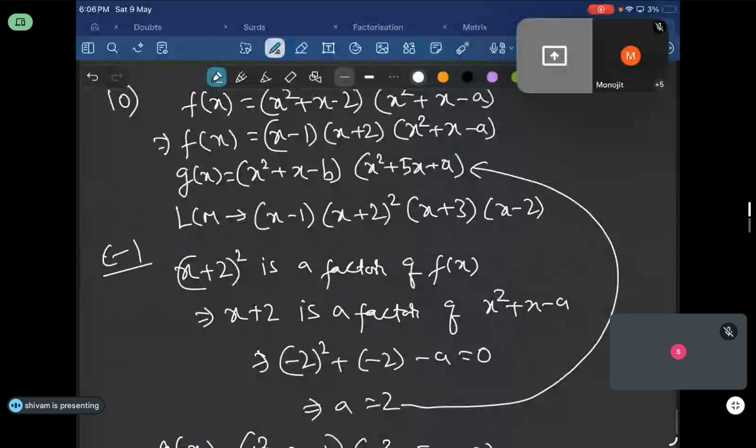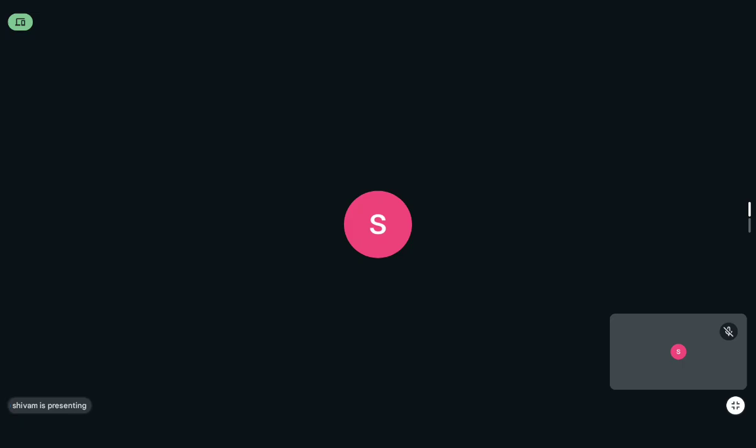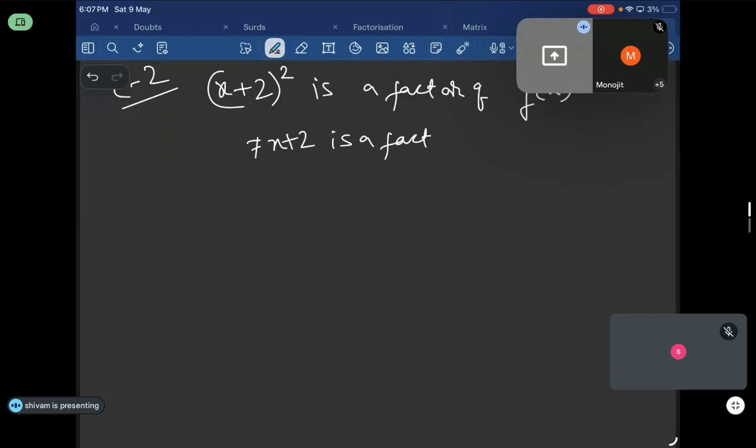Because try to understand, if x plus 2 whole square is completely a factor of this expression, that means coefficient of x should have been 4. Right? Because x plus 2 whole square is equal to x square plus 4x plus 4. Okay. This implies x plus 2 is a factor of x square plus x minus b.